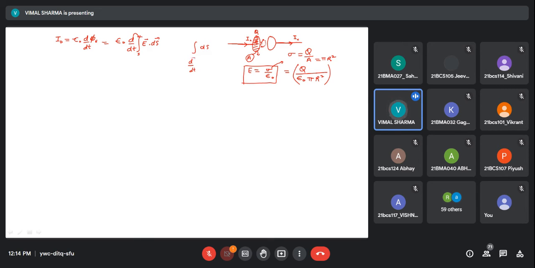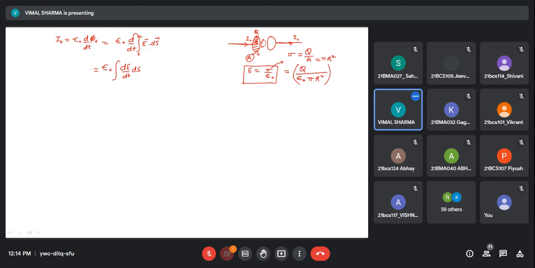Both are linear operators, so they have the property that we can interchange their operation. So I can write this as epsilon naught times the integral of d by dt of E times dS.